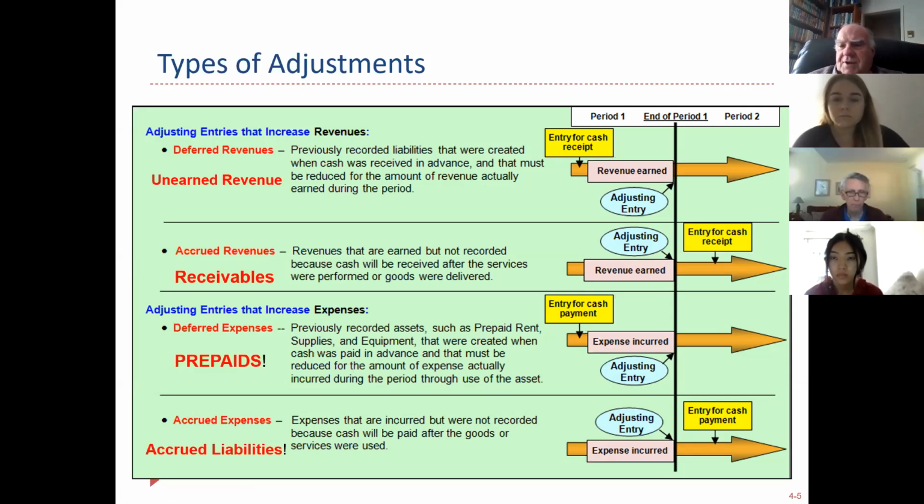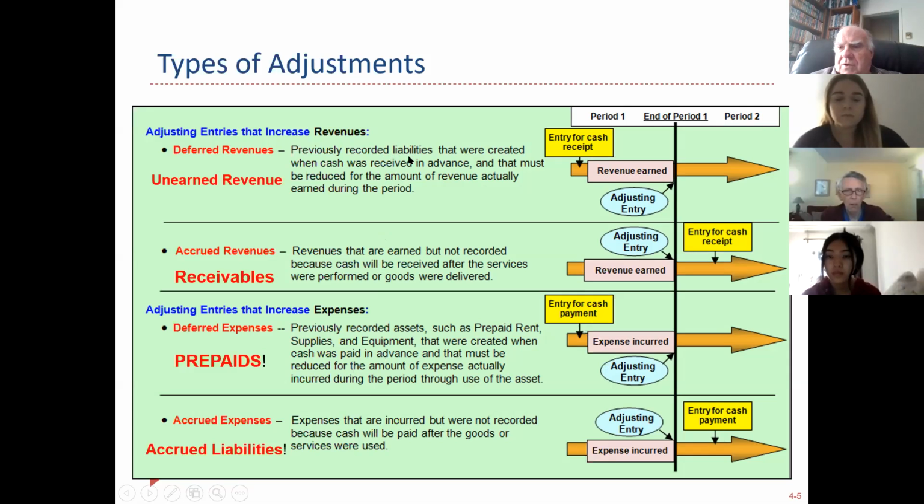That is an asset. You have a policy that's worth $12,000 to your company, and you haven't gotten any benefit out of it yet. It is an asset.